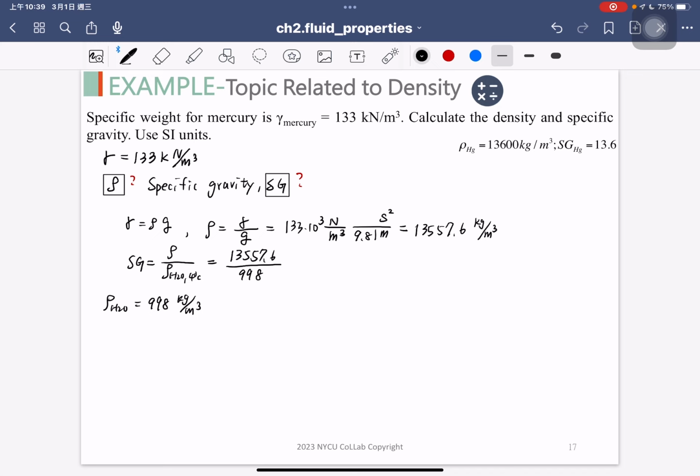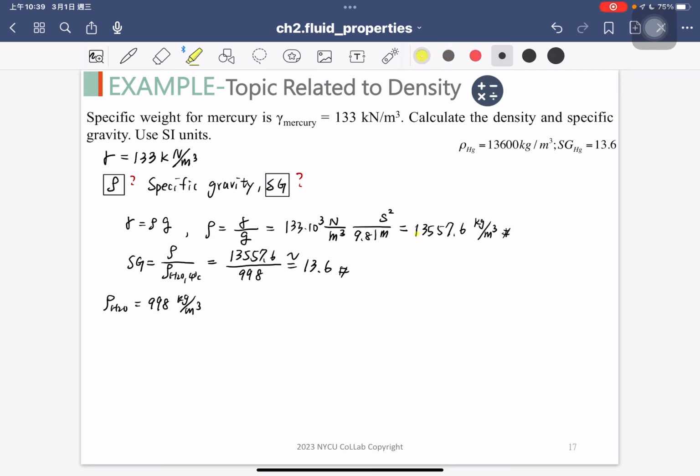There is no dimension, so you can use your calculator to calculate the final answer. The answer is about 13.6, and because there is no dimension, we don't need to put the unit. Okay, it's a very simple idea.